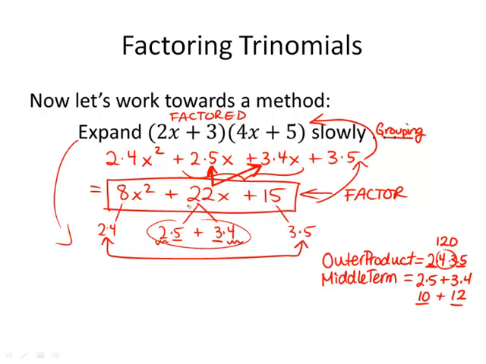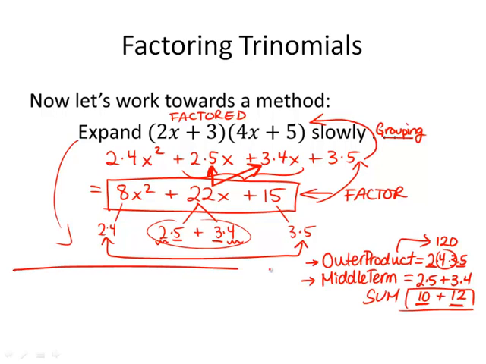Hey! Well, if this is going to work in general, what that means is we can look at the outer product and the middle term and find two numbers that have a sum of the middle term, so they add to the middle term, and they have a product of the outer product.